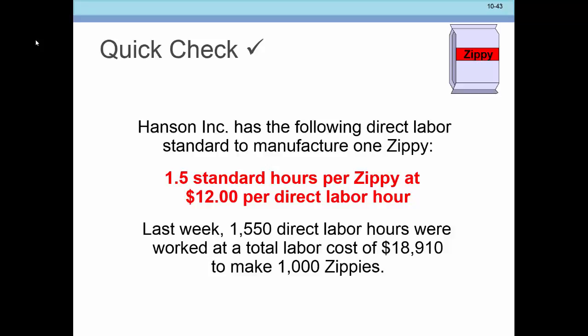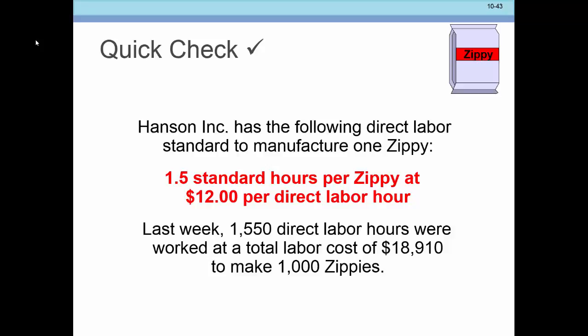Okay, so we're doing rate variance. You want to take the actual hours they use, the 1550? Okay, so we'll take the actual hours, 1550. Good. Then what? And then standard rate is 12. Standard rate is $12. Good. They give that to us pretty easy, right? Okay, then you're going to have to do a little calculation for the actual rate, right?